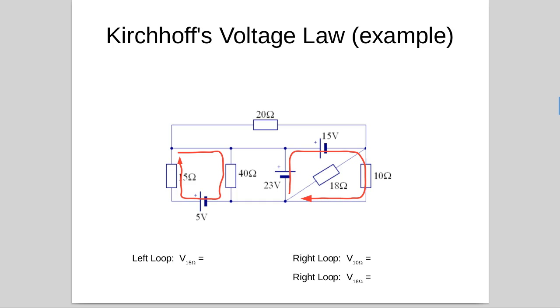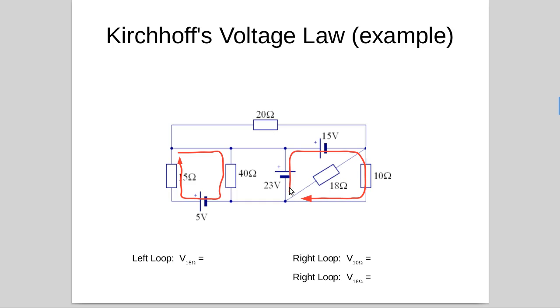Let's have a look at the two end loops. Now both of these loops are slightly more complicated. On the left hand end we have two resistors and a voltage supply. On the right hand end we have two voltage supplies and a resistor. Now one of the loops we didn't show before was the loop that involves this 18 ohm resistor.